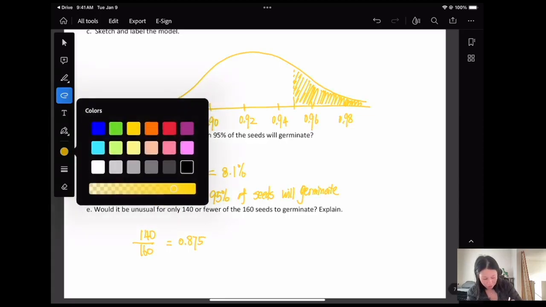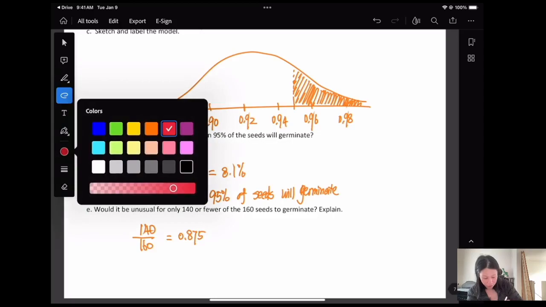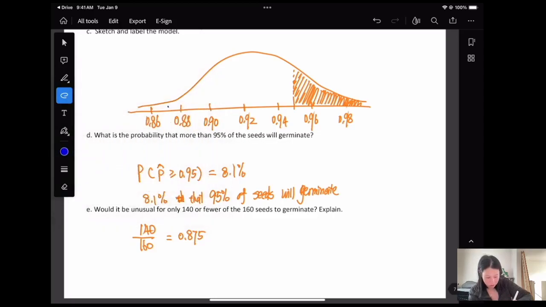I'm going to use some more contrast. 0.875 is approximately here. It's already outside the two standard deviations. That means very unlikely. It's an extreme value. But we can also check with our GeoGebra to get a more accurate answer.